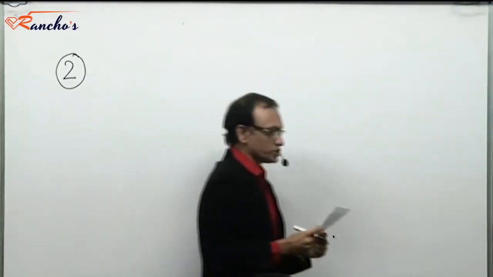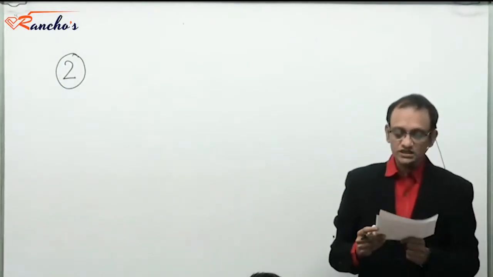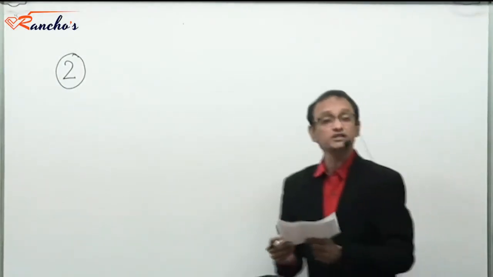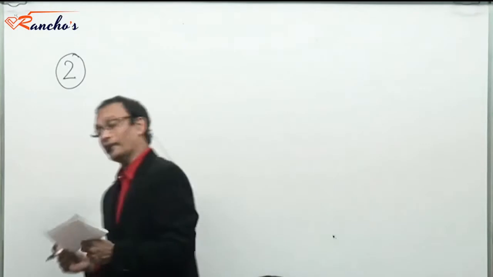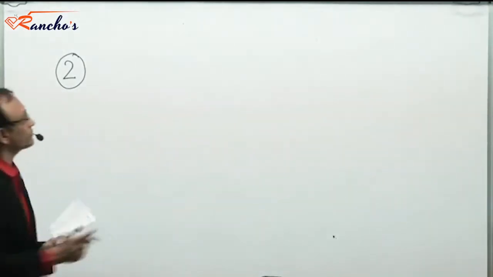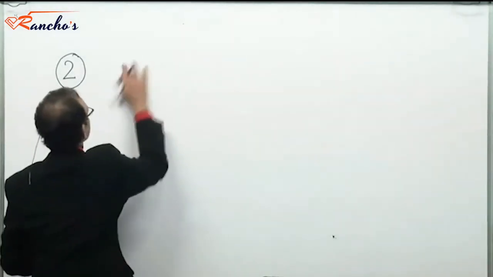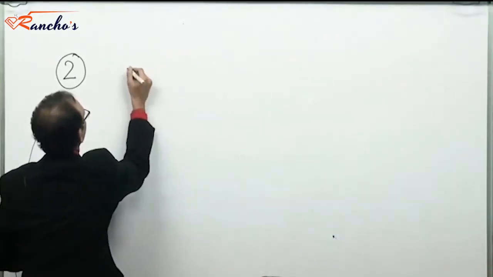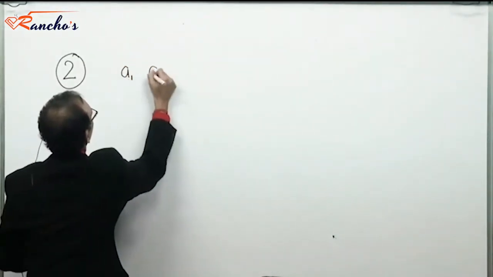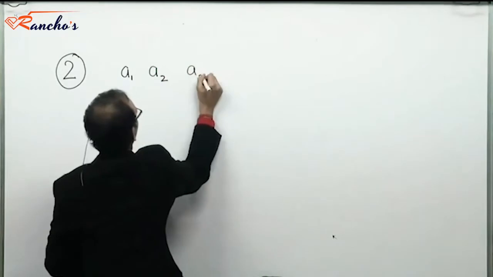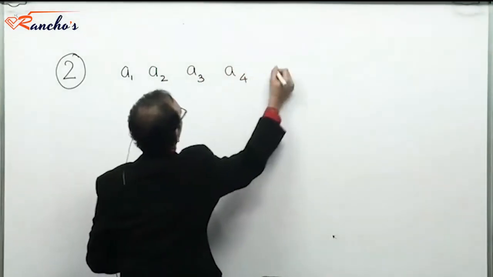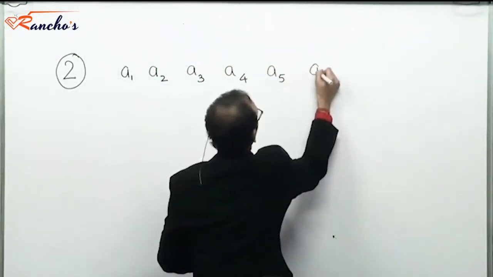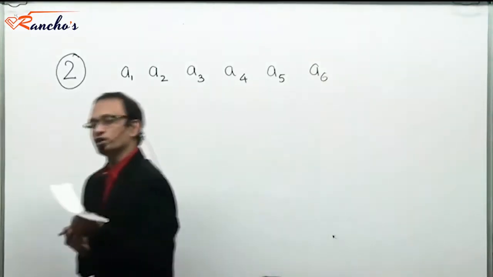How many 6-digit numbers exist which contain exactly 3 different digits, 1, 2 and 3? 6-digit natural numbers. This is a 6-digit natural number.